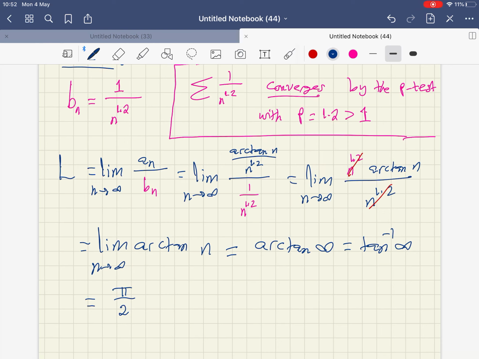If you don't know or you forget, now here is how we find it. Of course, this is between 0 and infinity.